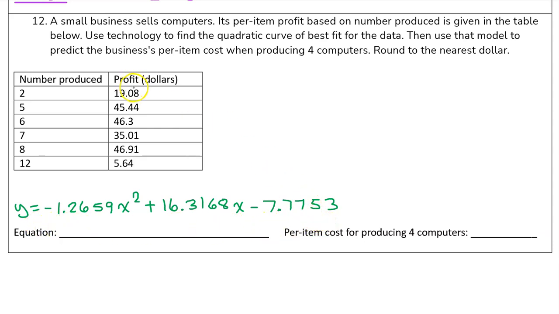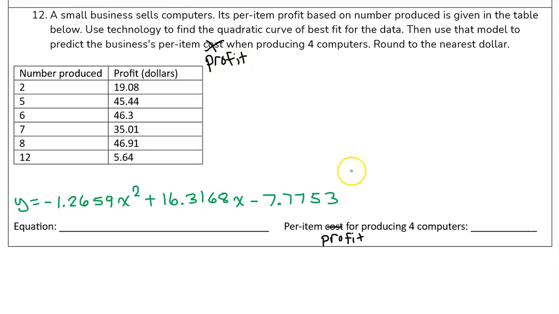I'm noticing that the data is profit. So I think right here where they said per item cost, they meant per item profit. The per item profit for producing 4 computers will be predicted by y at 4.